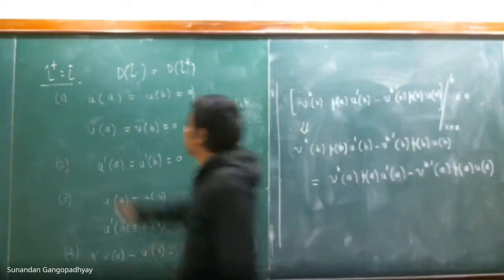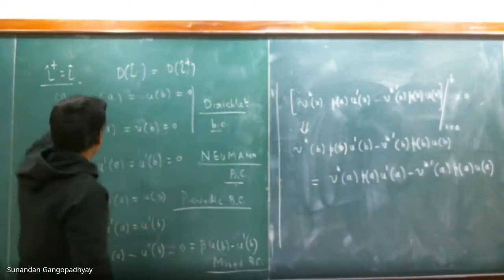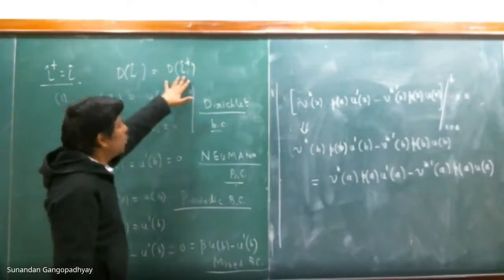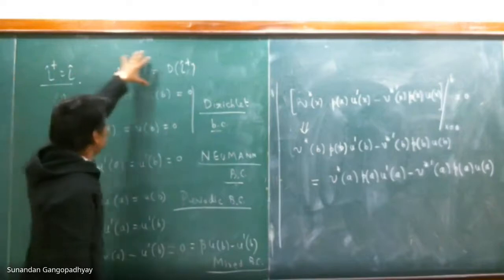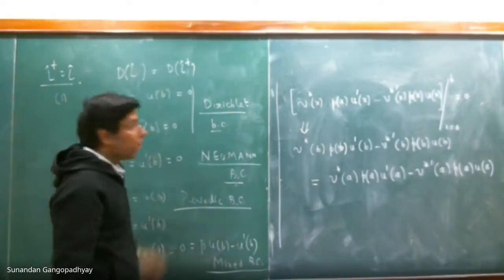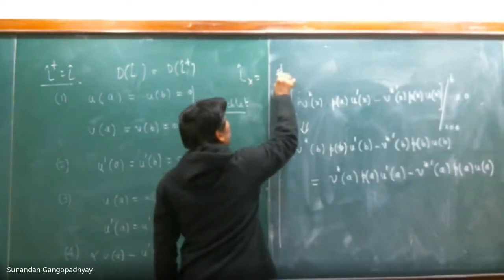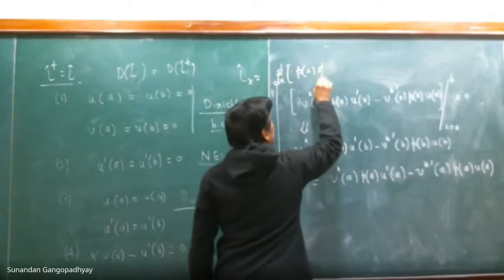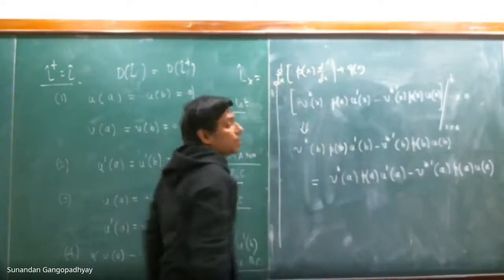And now we have looked at the boundary conditions, and from the boundary conditions we see that the domain of the operator L hat is the same as the domain of the operator L hat dagger, and therefore it is a symmetric operator as well as their domains are same, and therefore this operator L hat X, which is d/dx of P(x) d/dx plus U of X, is a self-adjoint operator or Hermitian operator.